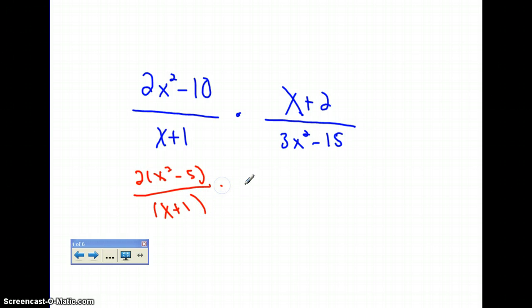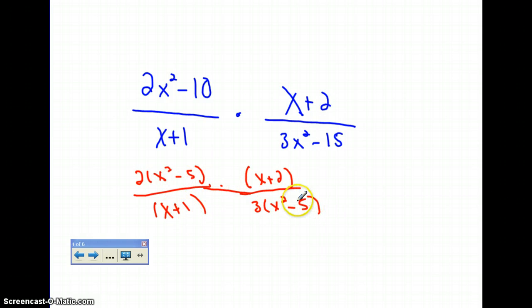And then I do the other side. x plus 2 doesn't factor. And then I factor out the denominator. Now, I see that the greatest common factor is 3, so I will factor out a 3. So I end up with x squared minus 5. Okay? Now, multiplication implies that this is all together now, because I'm multiplying straight across.